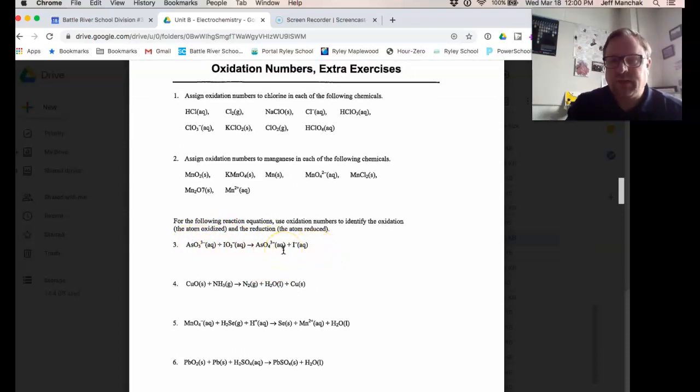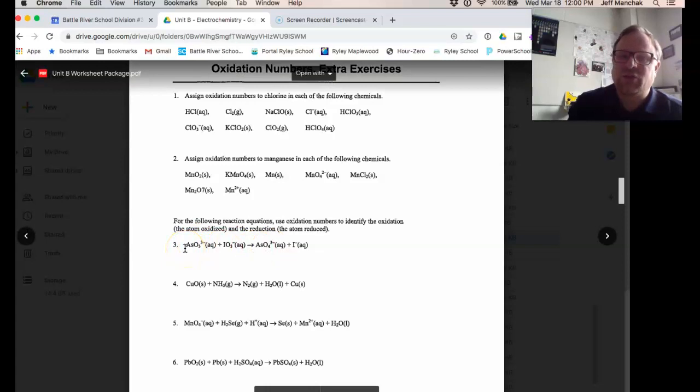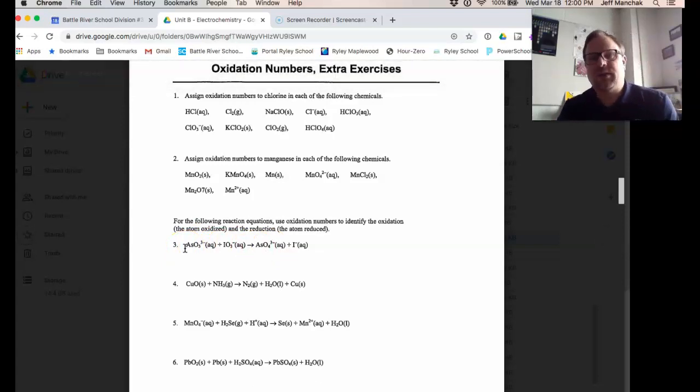We're not balancing the equations at this point, but you're going to fill out the oxidation numbers and then determine if something is being oxidized or reduced, which atom is being oxidized, which atom is being reduced. You're going to be checking the difference in oxidation numbers between the reactants and products. So it might be that astatine is getting oxidized and iodine is getting reduced.